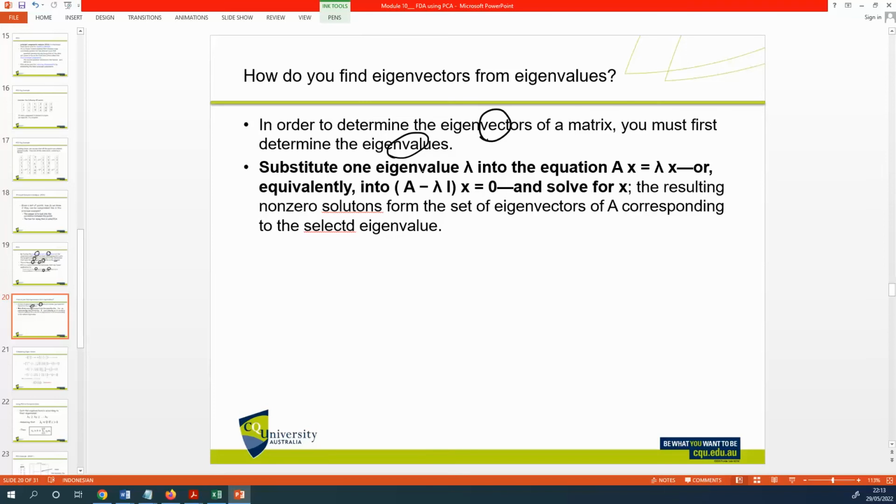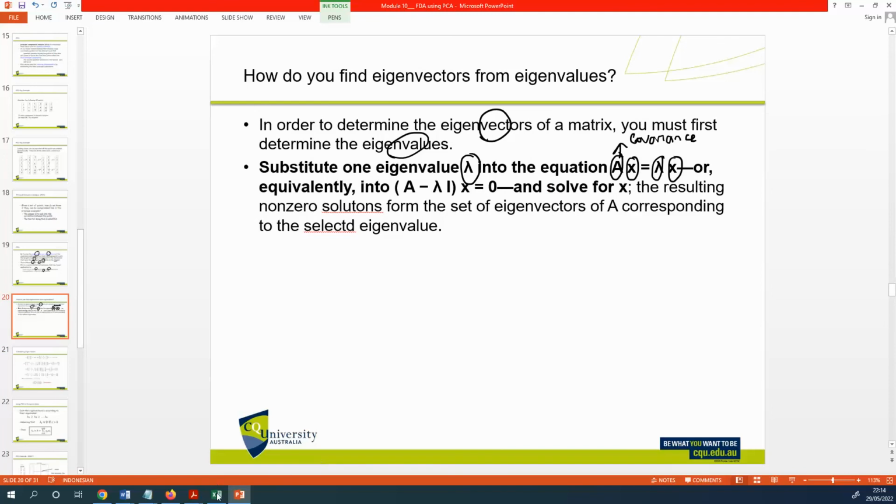You need to substitute the eigenvalue lambda into the equation A times the eigenvector equals lambda times the eigenvector, where A is the covariance data. So how do you do that?